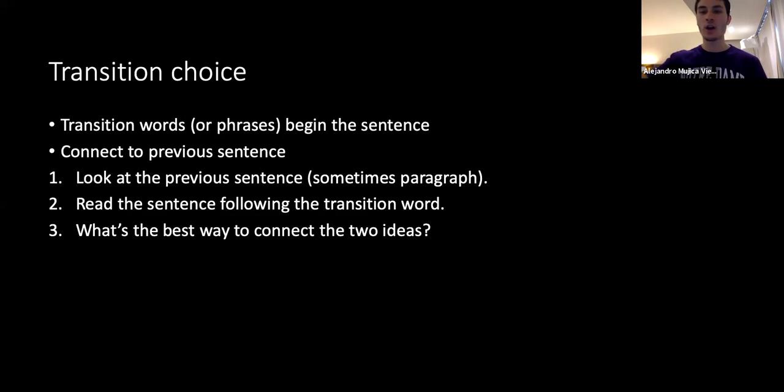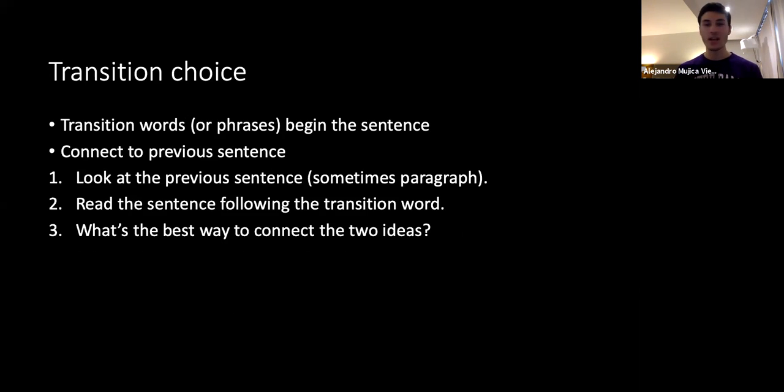Let's move on to transition choice. This you'll have a lot of questions about. You begin a sentence and there's a transition word like also or furthermore or moreover, however, in other words. Transition words or phrases begin the sentence and they connect to the previous sentence.